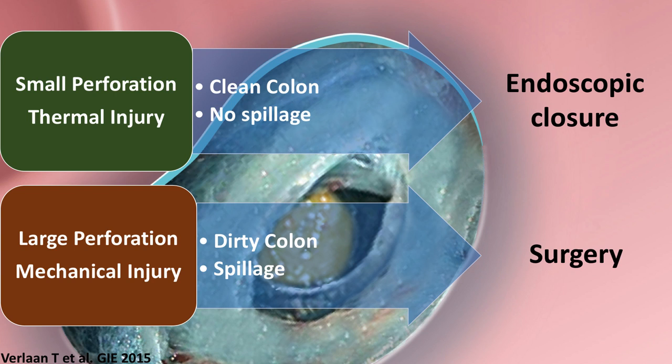Clips are probably the best because they can be rapidly deployed. On the other hand, if you have a dirty colon with spillage of contents into the peritoneal cavity, especially with the large perforations related to mechanical injury, these patients should probably go to surgery.